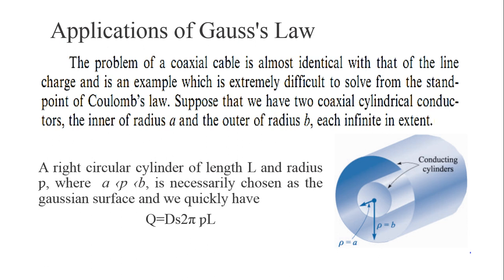तो जब हम Gauss's law अप्लाई करते हैं तो उसके लिए पहले हम एक Gaussian surface सेलेक्ट करते हैं. So we will select the Gaussian surface in between these two coaxial cylindrical conductors.